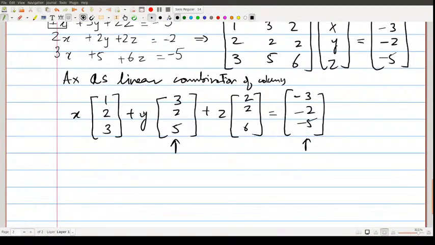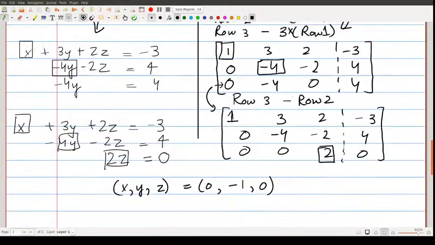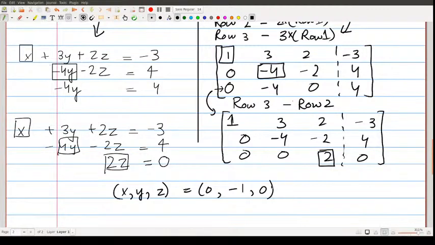Which means that if I take y as minus 1, just the negative of this column, and ignore these other columns, and the way we ignore them is to set x equal to 0 and z equal to 0, I immediately get minus 3, minus 2, minus 5, and my solution becomes 0, minus 1, 0. And notice that that's the same solution that we got when we solved this entire system, right?